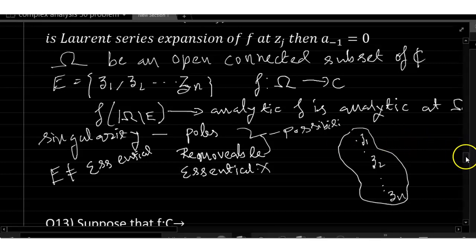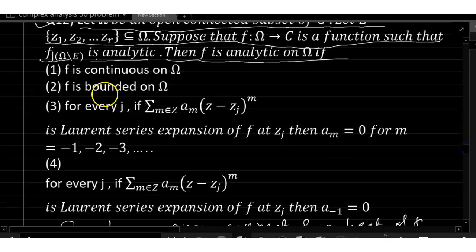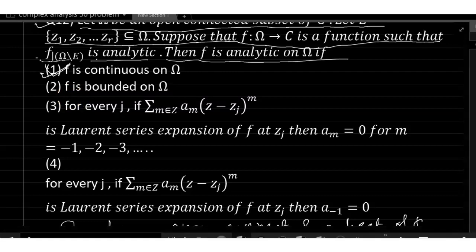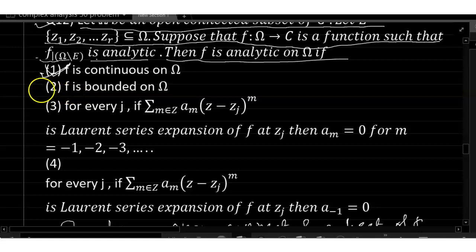Number one question: f is continuous on omega. This is correct. But f is bounded on omega? As an open connected subset of C, it is not bounded.